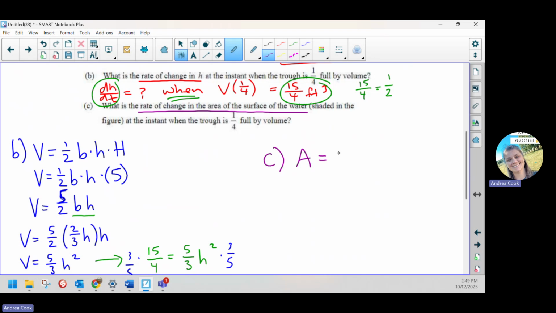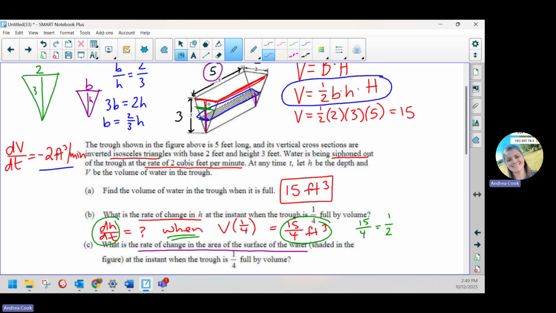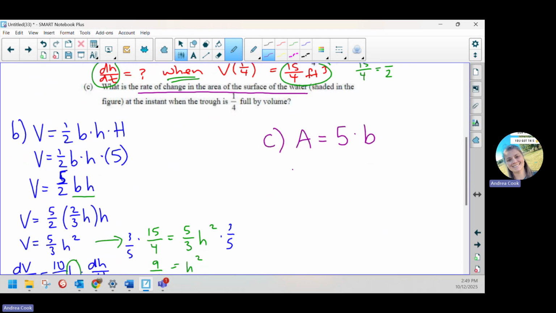Remember that 5 is 5 no matter what, but this dimension of base is changing. So we're going to write this as 5 times B because B is changing, but the 5 is not.